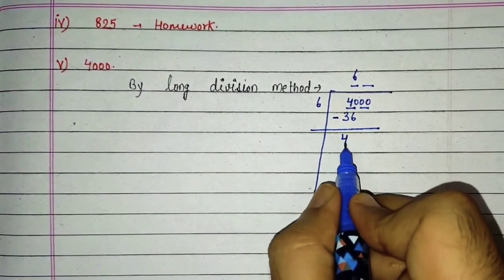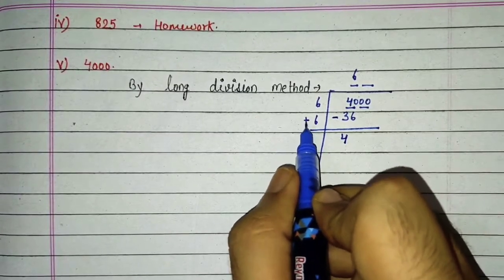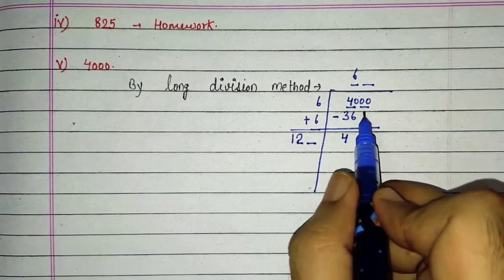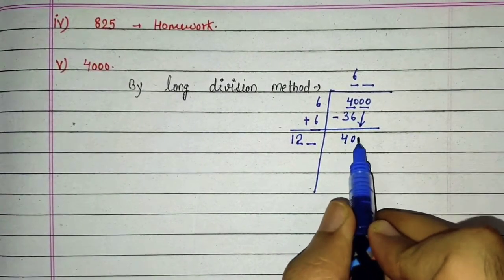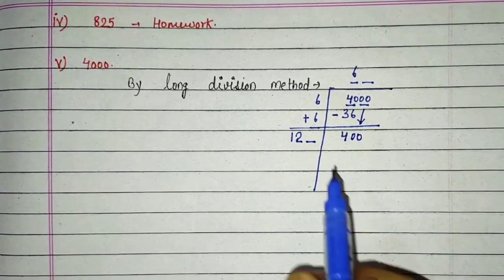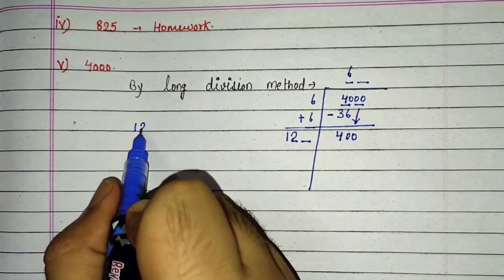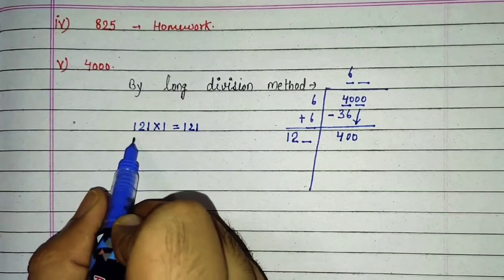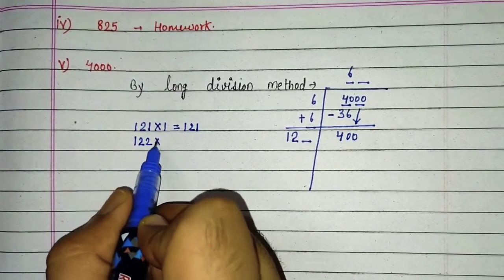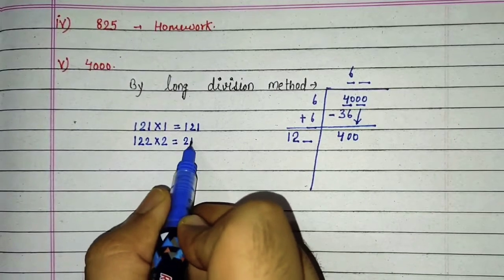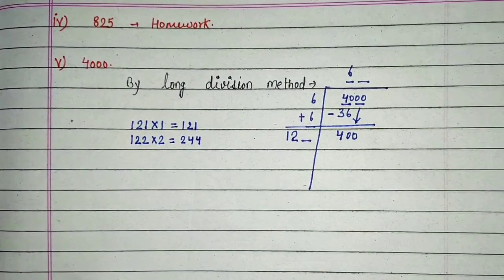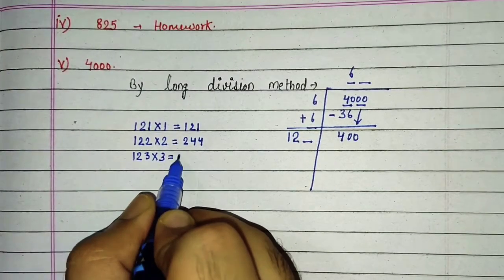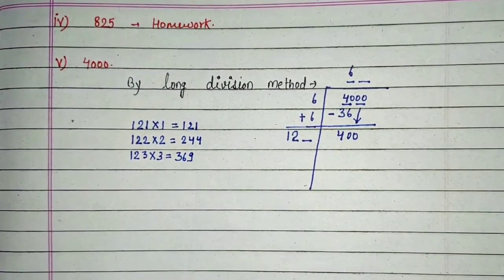Subtract it, 4. Add the same number, 6 and 6, 12. Now put a blank here. After that bring down this pair. Now we have to choose this number with the help of calculation. If you put here 1, then multiplied by 1, 121, very less. If you put 2, then 244, that is also less. If you check with 3, you will get 369.